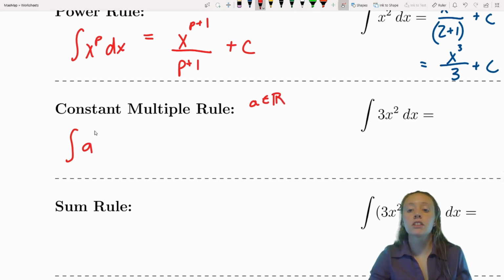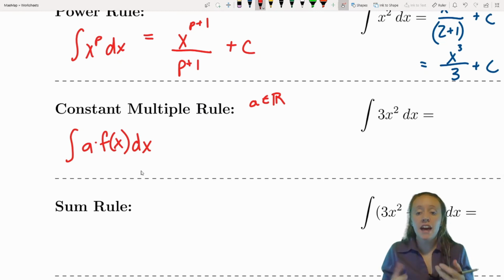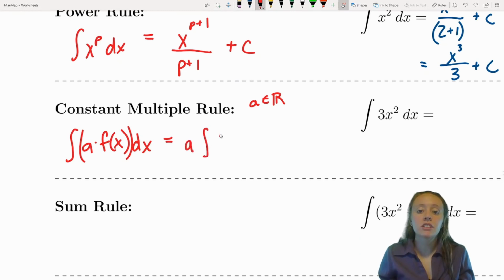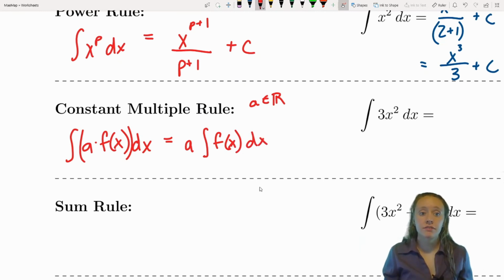So if I take the integral of a, some constant, multiplied by f of x with respect to x, if I'm integrating that function, a times f of x, then I can leave my constant of a out in front and then just integrate f of x dx. So I'll multiply a by that integral.